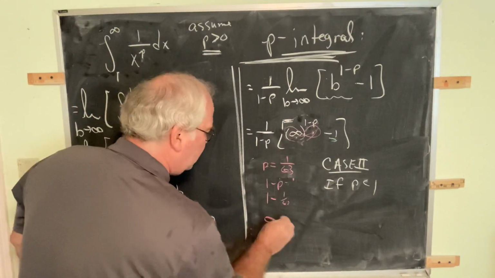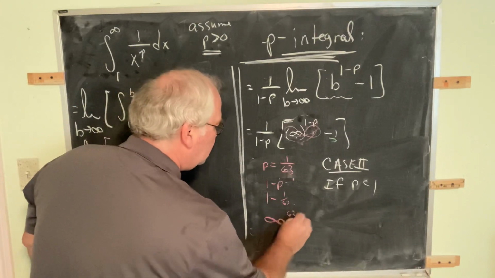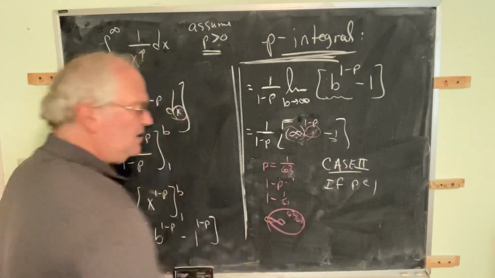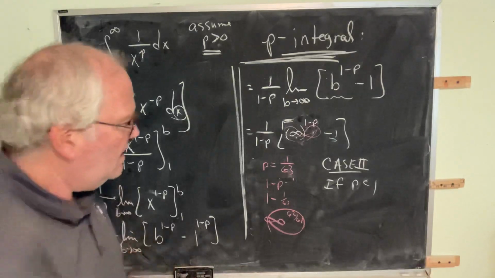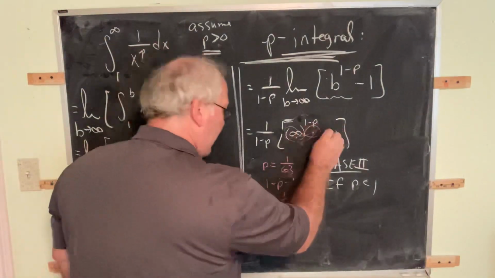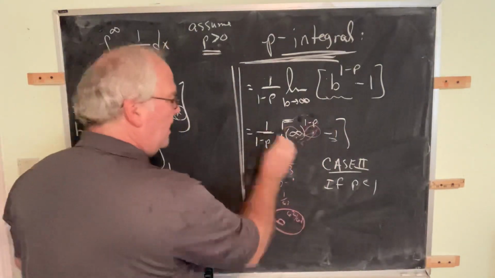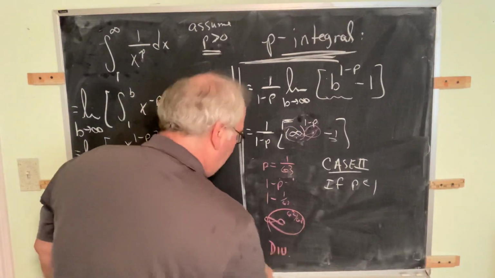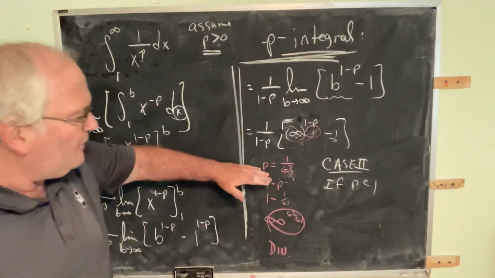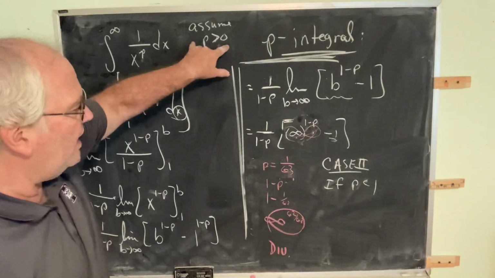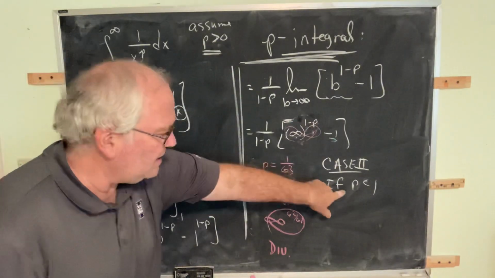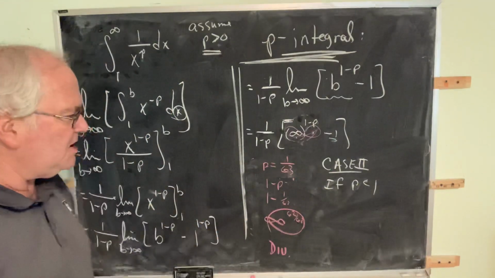So we have infinity raised to the 62/63 power. That's still infinity. Infinity raised to any positive power is infinity. And so this is still infinity minus 1, which is infinity times I don't care. Again, this diverges. It's not too hard to convince yourself that for any choice of P greater than 0 but less than 1, this thing diverges.